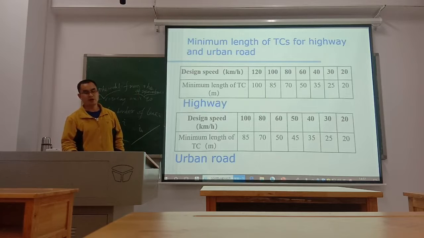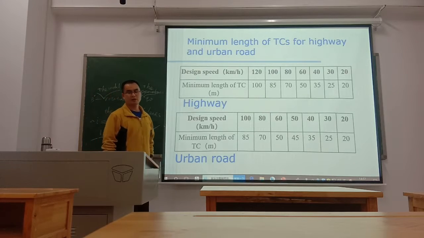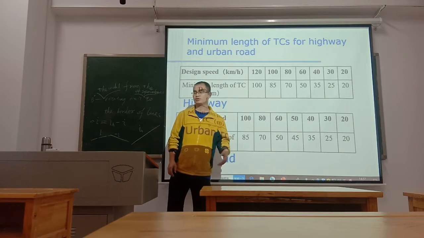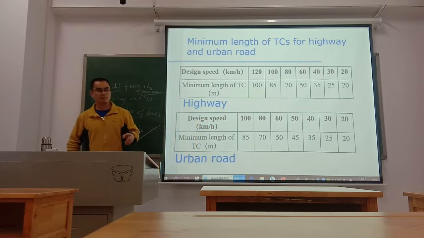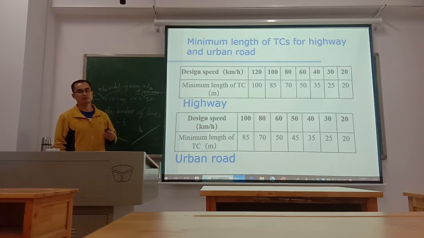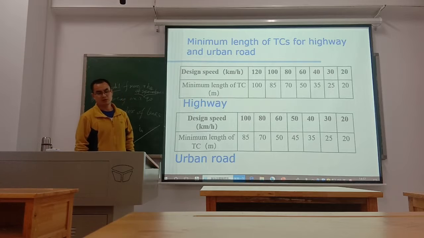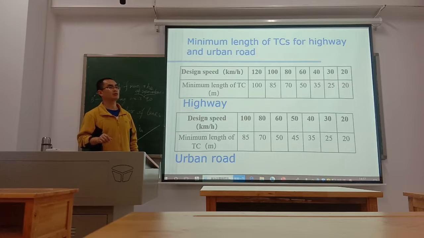In the Chinese standard, there is a table of the minimum length of transition curves for highway and urban road. This is the table for highway, including freeway. In China, highway includes freeway, which is different from America, Europe or Africa.